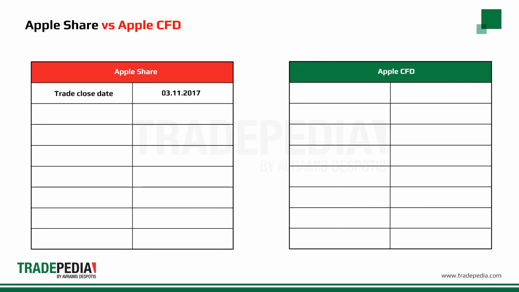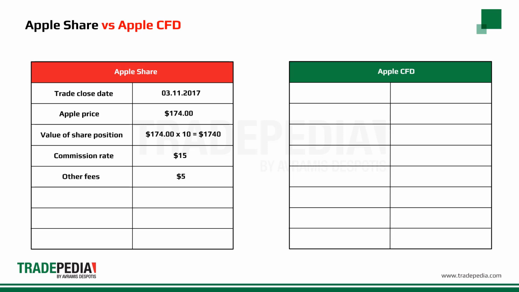Let's see what happens when we close the position after 5 days on the 3rd of November, 2017. The Apple share price has gone up to $174. The value of our position equals 10 times 174 equals $1,740. With a minimum commission rate of $15 per transaction, we would be charged $15.